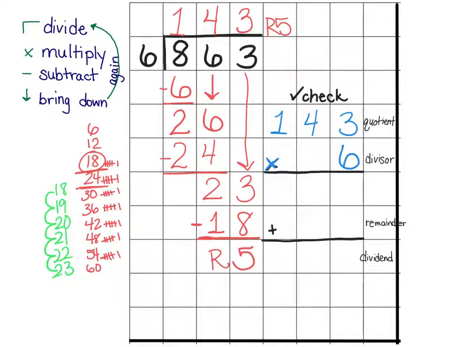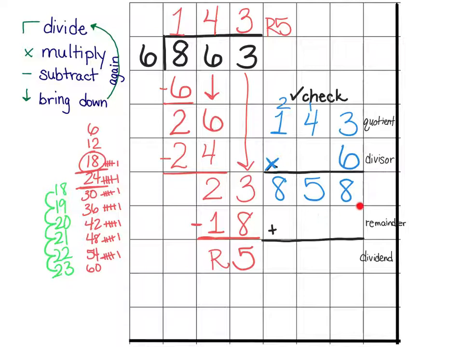All right, 3 times 6 is 18. 4 times 6 is 1, 2, 3, 4, 24 plus 1, 25. And then 1 times 6 is 6, plus 2 is 8.